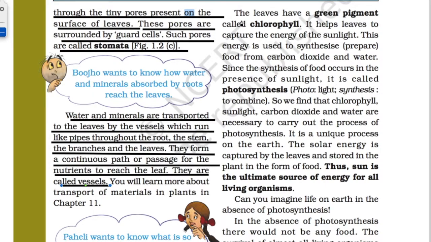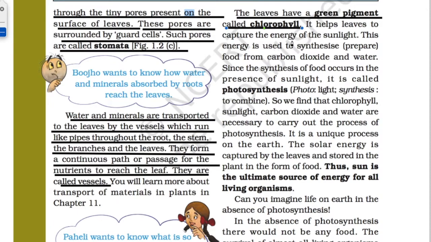The leaves have a green pigment called chlorophyll. It helps leaves to capture the energy of the sunlight. So what makes leaves so special that they can prepare the food for the plant? The presence of the green pigment called chlorophyll.